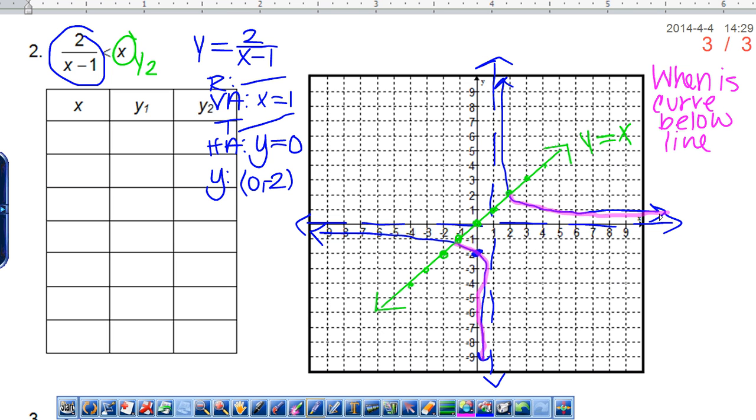Yeah? All right. So in order to write our solution, we're going to have to come up with these two intersection points, right? All right. So let's go ahead and find those two intersection points using our calculator.